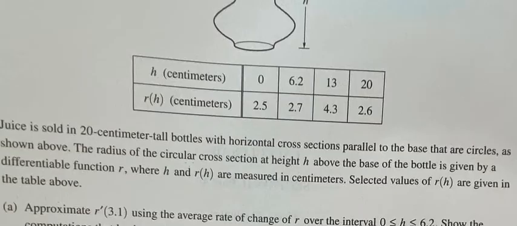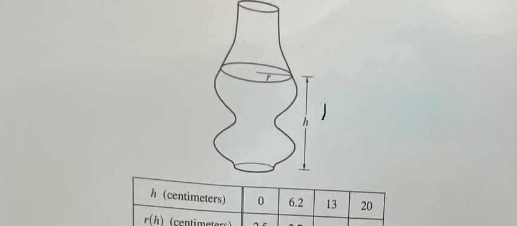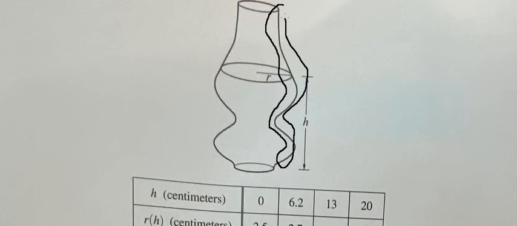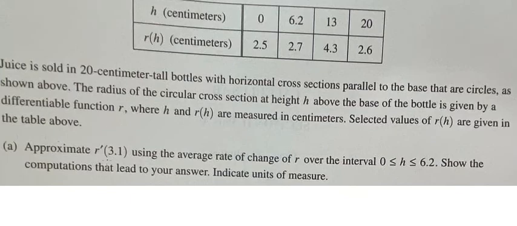The radius of the circular cross section at height h above the base of the bottle is given by a differentiable function r. So we have the height here, and for each value we can take the first derivative of the function, where h and r(h) are measured in centimeters. Selected values of r(h) are given in the table above.